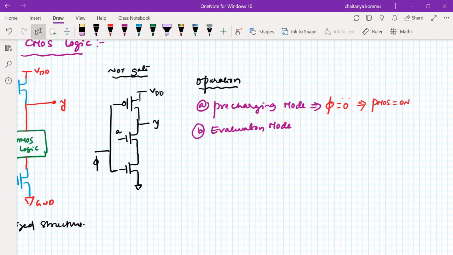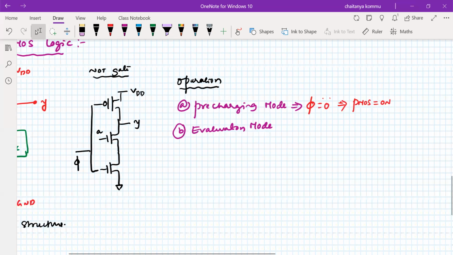If the bottom transistor is off, the A transistor is also off. This makes these transistors off. Therefore Y is charged to VDD. This is called pre-charging mode.